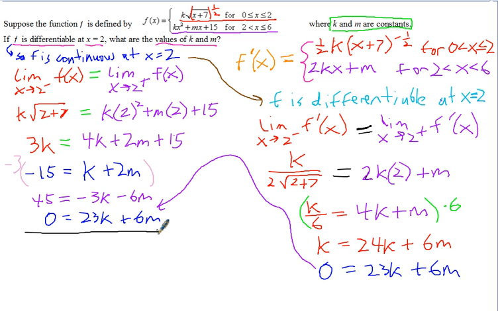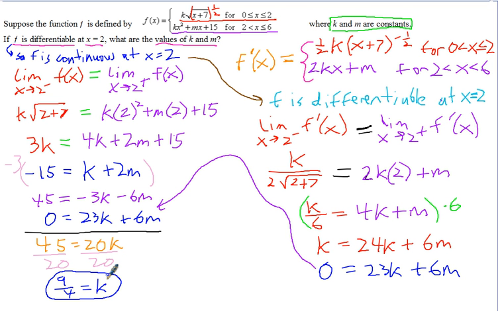Add those together, gives you 0 plus 45, 45 equals 23k minus 3k is 20k. The m's eliminate. Divide by 20, and you can reduce that. Divide both by 5 gives you 9/4 equals k. Now we know k is 9/4.